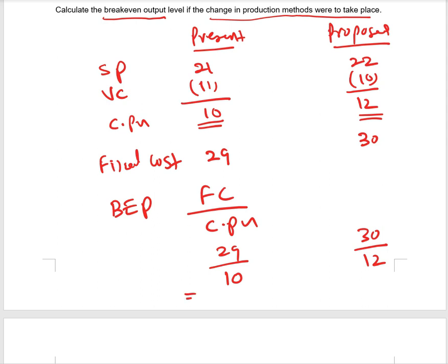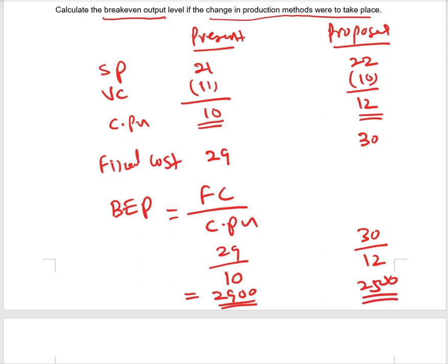Your break-even point under present method will be 2,900, whereas under the proposed method will be 2,500.